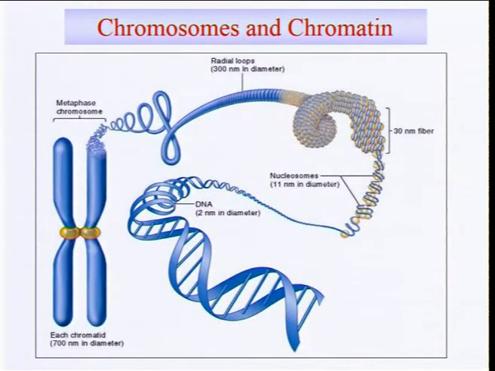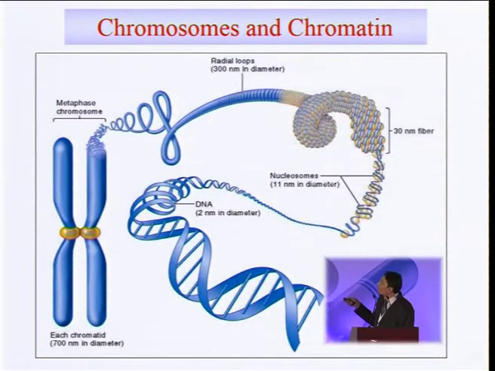As a lot of you already know, eukaryotic DNA is packaged to form what are called nucleosomes, wrapped around an octamer of histones to form these nucleosome molecules, which in turn wrap around themselves to form these higher order structures and eventually the metaphase chromosome.